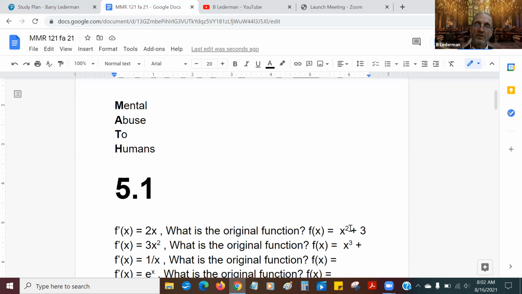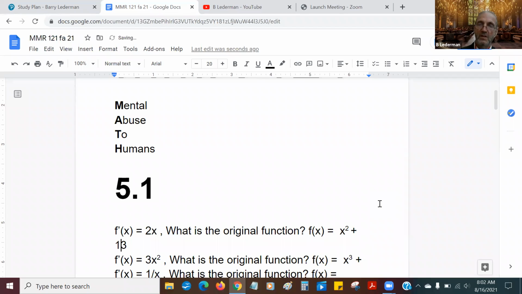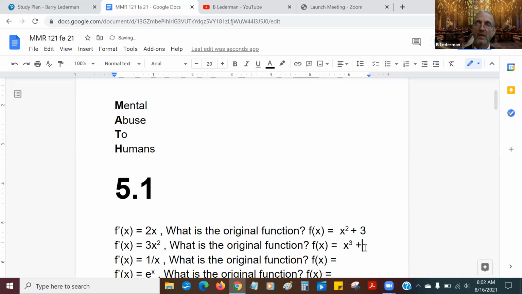So x squared is kind of like my main answer, and the 3 is just something that doesn't matter, because it could be 3, it could be 13, it could be whatever you want. So in general we're going to use a notation, a letter C, which usually stands for constant.